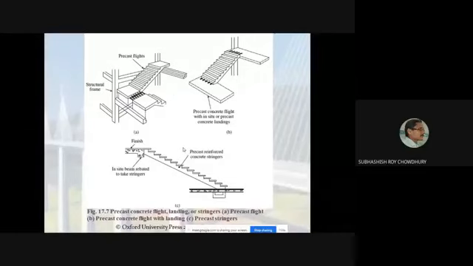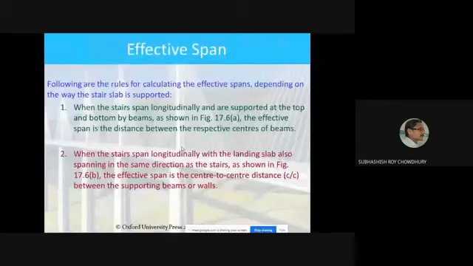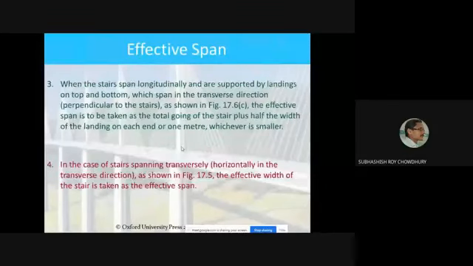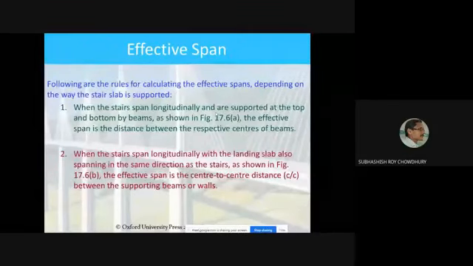Now the effective span, I have already told that in case of a longitudinally spanning stair, supported at the top and bottom by the beams, the effective span will be the distance between the respective centers of the beams. When the stair spans longitudinally within the landing slab, in the same direction as the stair, as shown in figure 17.6b, the effective span is the center to center distance between the supporting beams or walls.